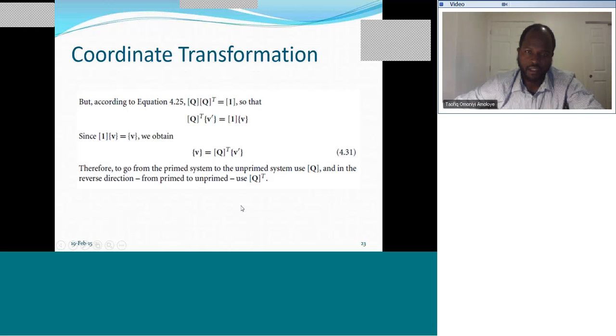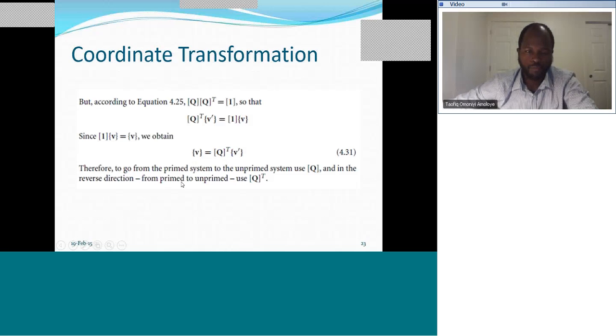So essentially what we are saying is that V is equal to Q transpose times V prime. That means when we want to go from the prime system to the unprimed system, we just have to do the product of the vector expressed in the prime system by the transpose of the direction cosine matrix.